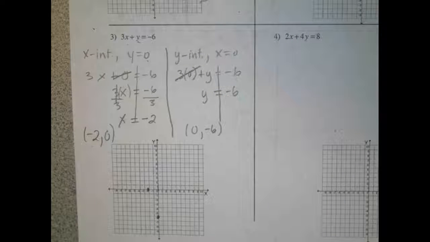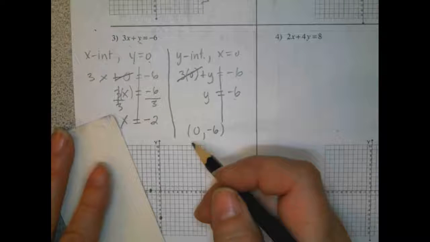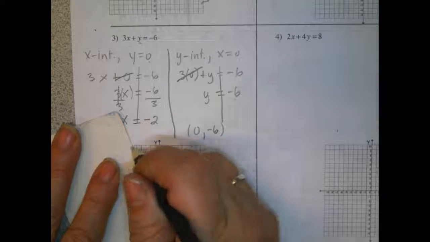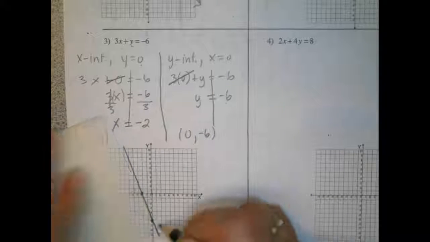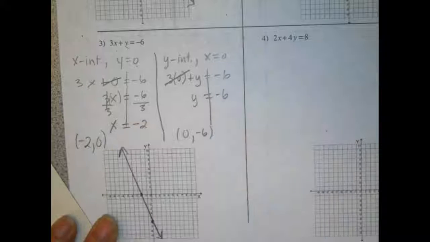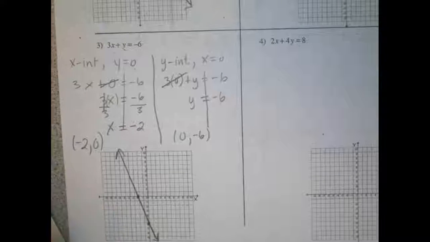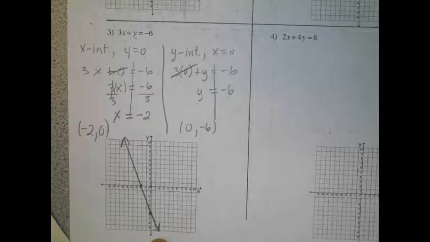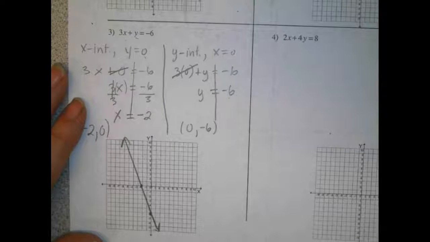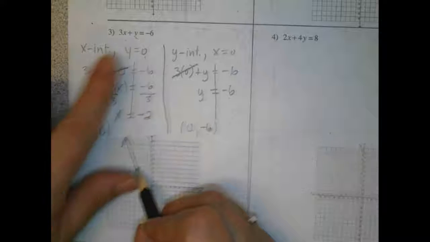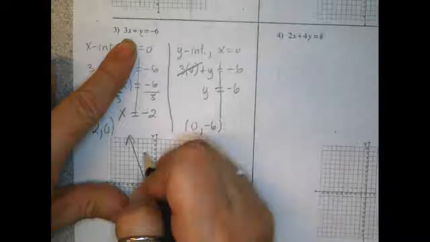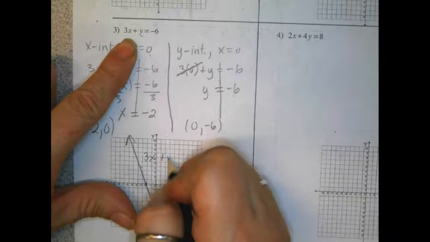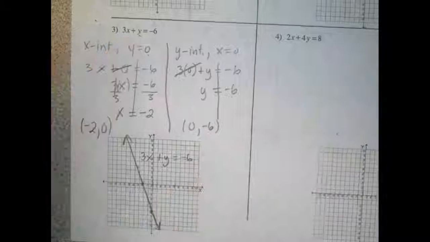This is where they intercept those axes. Take my straight edge, draw my line end to end. Drawing your line end to end is important. You'll see why when we keep on working on these things. And then make sure you label it with your original equation. 3x plus y equals negative 6.